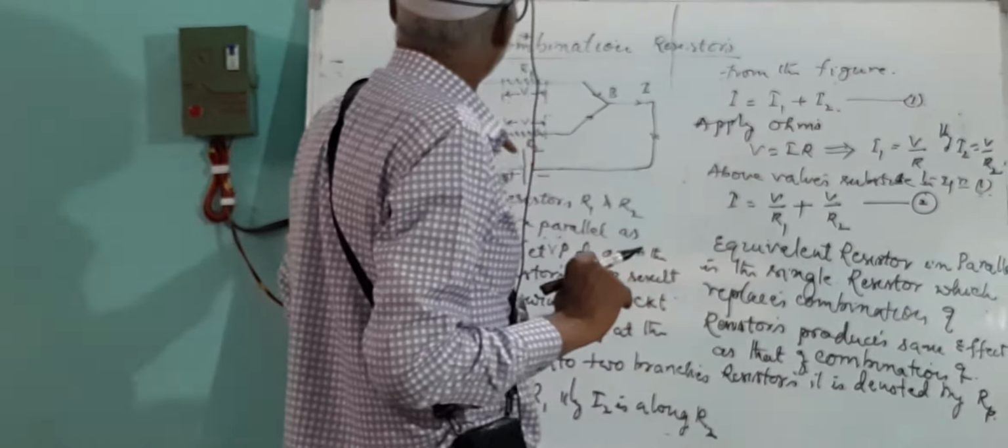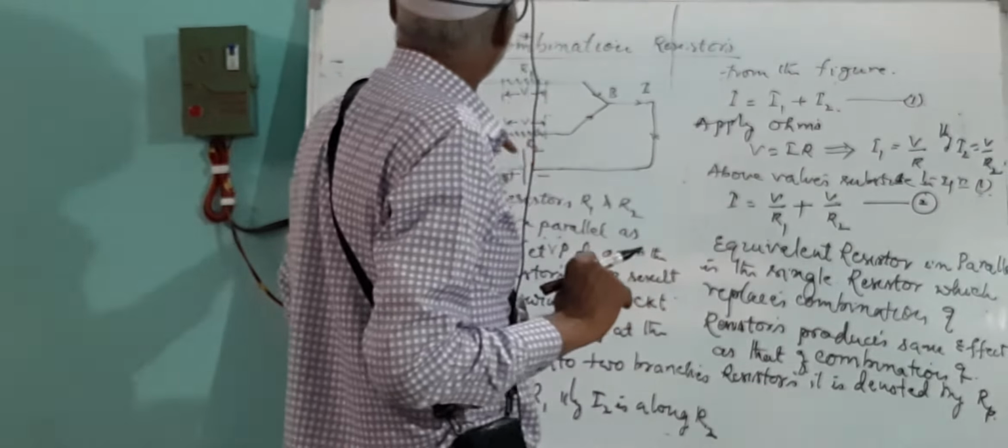Since you are connecting a battery to this circuit, this cell generates I ampere of current. Whenever the current is flowing through any circuit element, a potential difference will form across the circuit element.